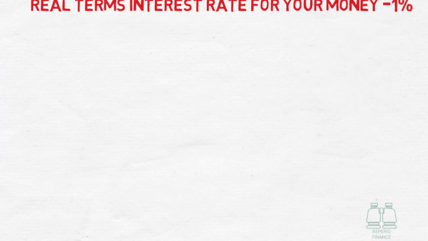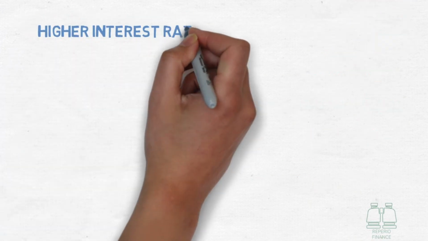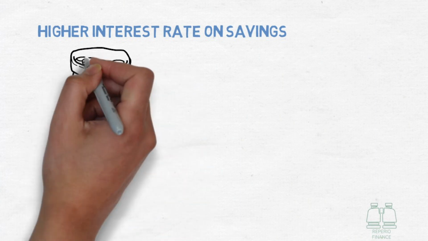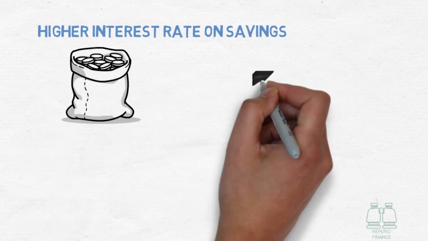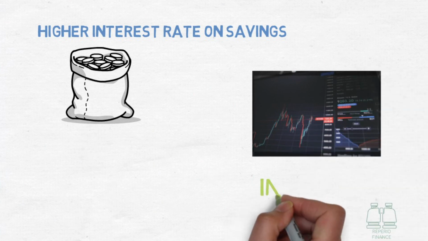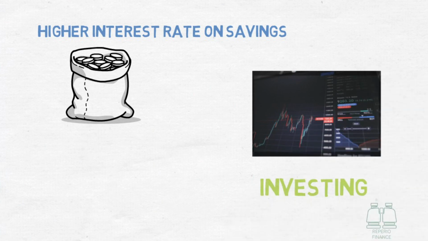So, what can you do to protect yourself and your money against inflation? The only real way to successfully achieve this is to receive more income on your money than the rate of inflation. This can be through a higher interest rate on a bank account or through getting a higher return on investments than inflation.